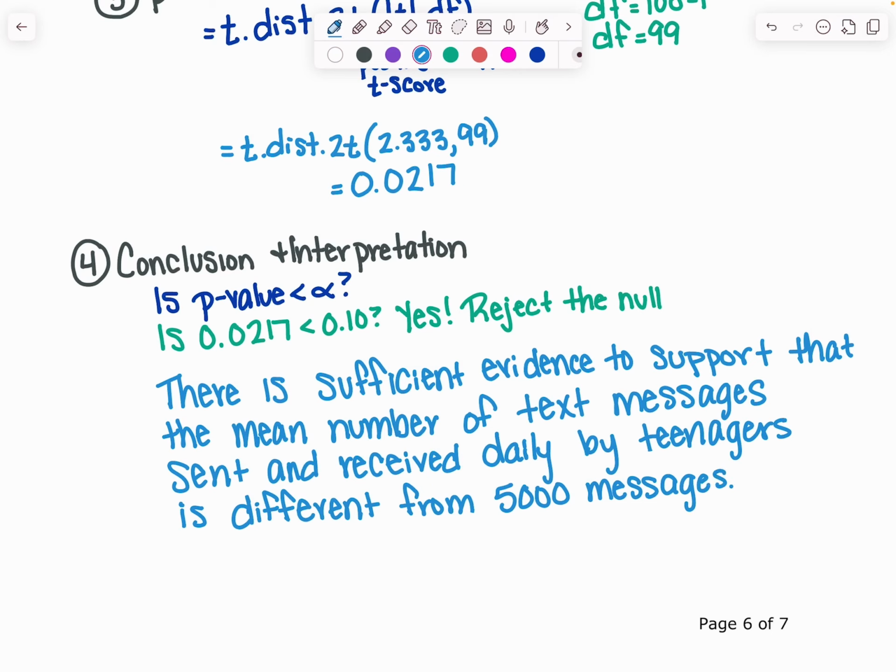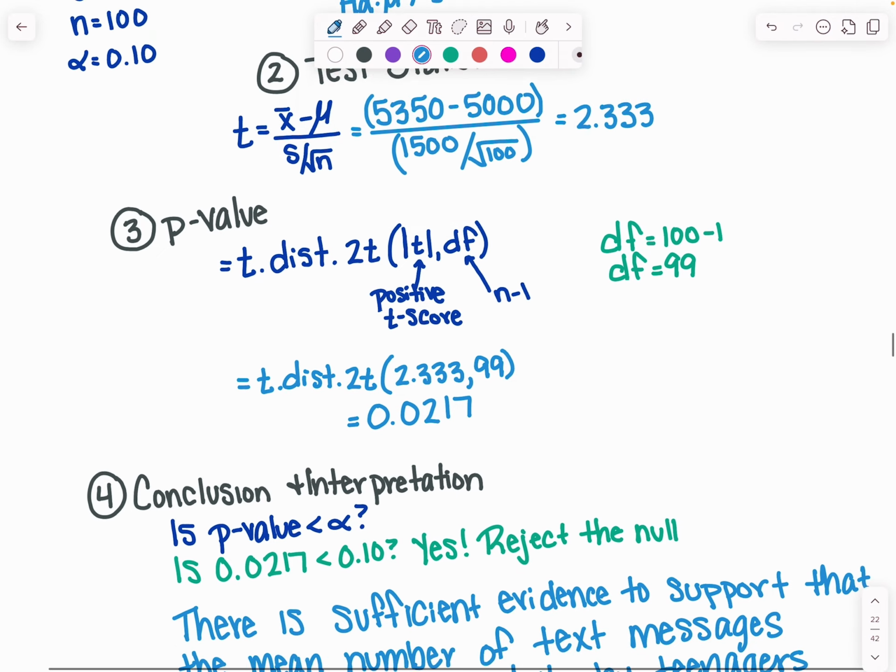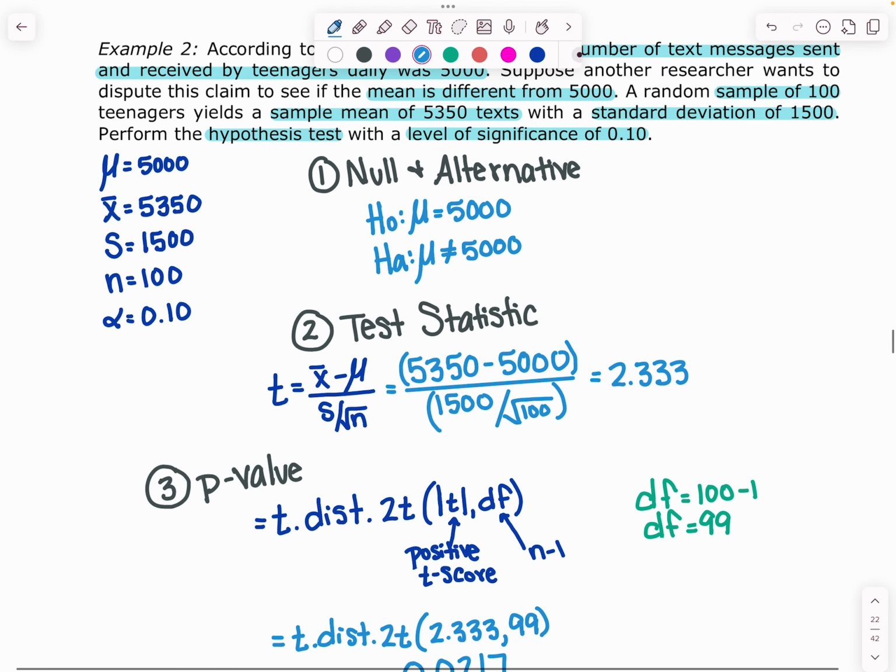Now, even though it looked like it was bigger, we did not test if it was bigger. So we cannot say that it's bigger. All we can say is that it is different because that's what we tested. Our alternative hypothesis, back up here, was different, not equal to.